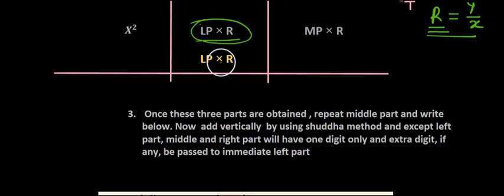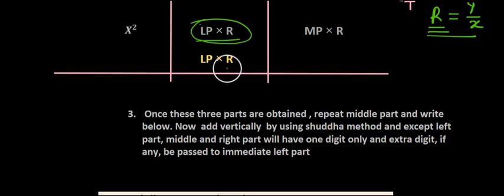We have repeated it. Now, add vertically by using the Shuddha method, and except the left part, the middle part and right part will have 1 digit only. Only a single digit is allowed in each part except the left part. That means the right part and middle part are allowed to retain 1 digit.